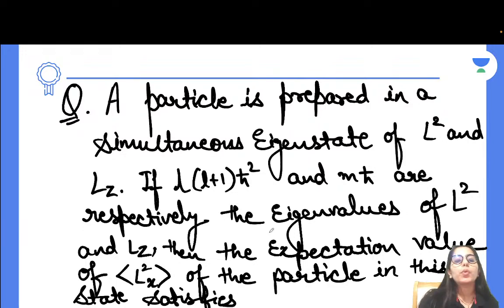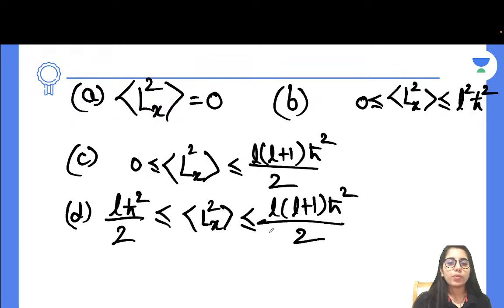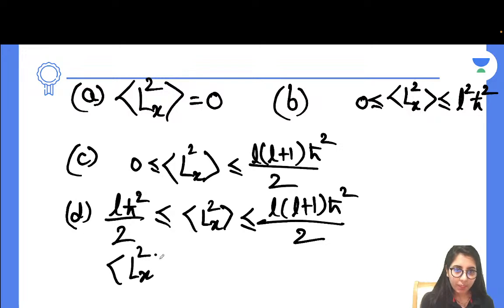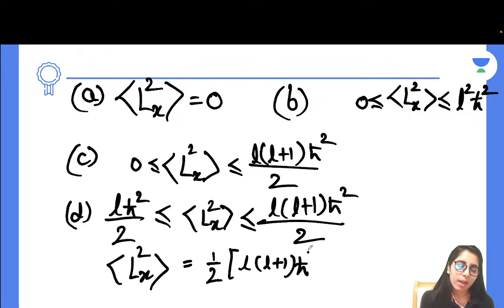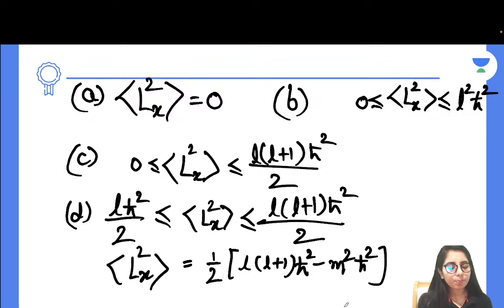As we all know, this is for Lx square. They have asked you to find the expectation value, right? So as we all know, Lx square expectation value is equal to half of L times L plus 1 h squared minus m square h squared, and this is what we will have, right?